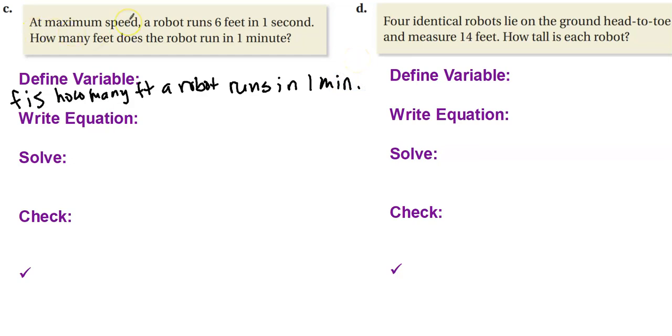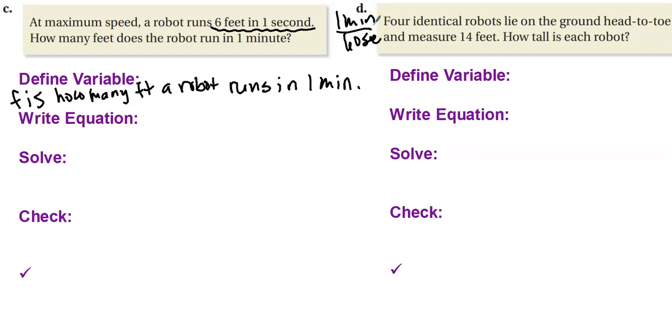So they're basically telling me you could think of it as using a conversion factor, right? And so if they run 6 feet in 1 second, I want to think about whether I should multiply. So remember, I'm thinking about 1 minute is 60 seconds.